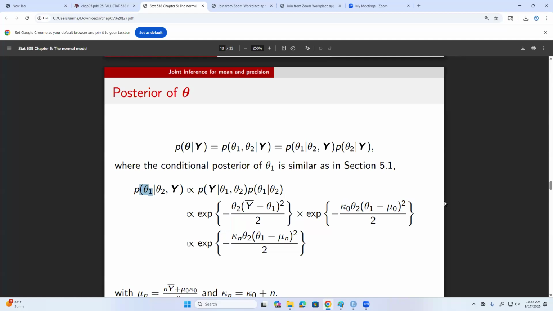I just need to know how to combine these two quadratic terms. That part we learned is called square completion. If you apply this technique, eventually you will be able to write it in terms of this expression: theta 1 minus something, squared, multiplied by some positive quantity with a negative sign.